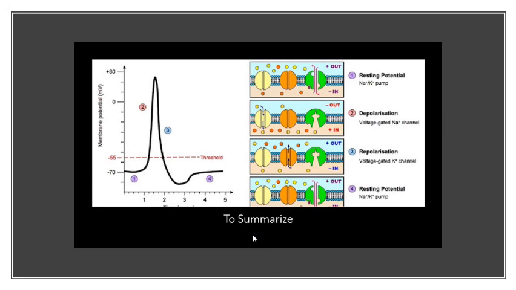So what happens to the action potential once it's occurred? Where does that energy go? Where do these ions go once they're in the cell? The sodium ions will diffuse to nearby areas, causing the membrane ahead of this action potential to experience a slight change in polarity.